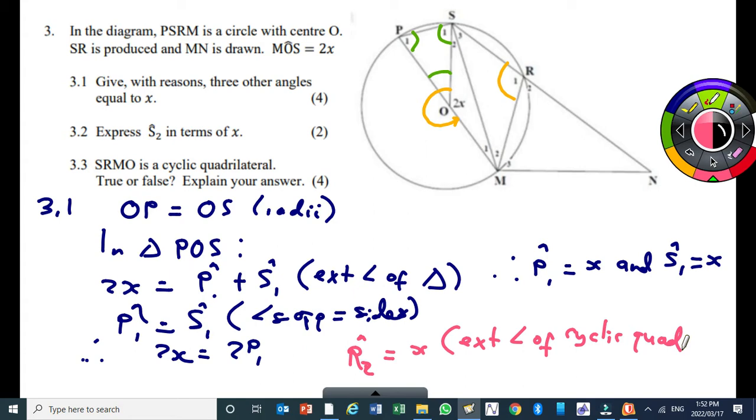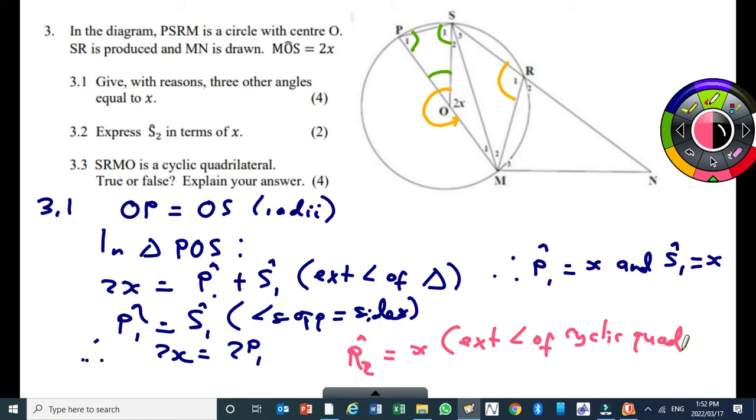Just to let you know that you can also find S1. I'm sure you can see that on this diagram here. OM is a radius, OS is a radius, so triangle MOS is isosceles. So you can subtract the 2x from 180, and you get 180 minus 2x. Then since M1 is equal to M2 because they are angles opposite equal sides, you can find the size of S2 in terms of x.